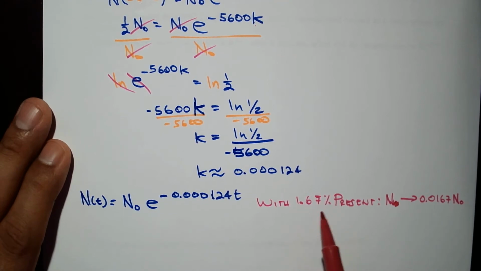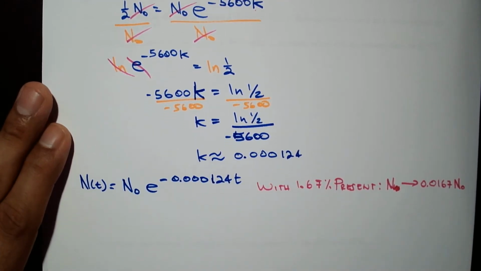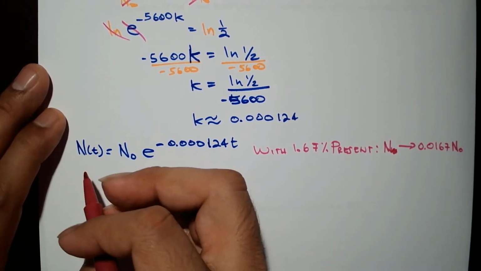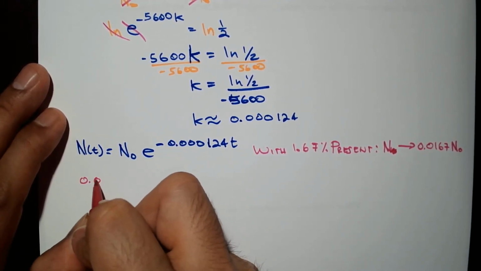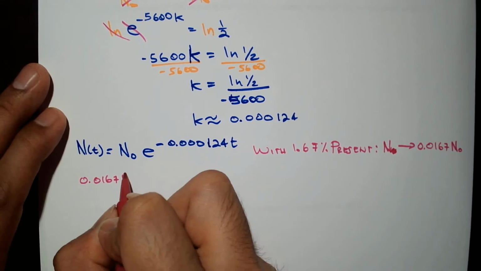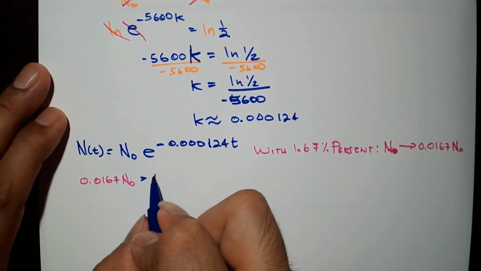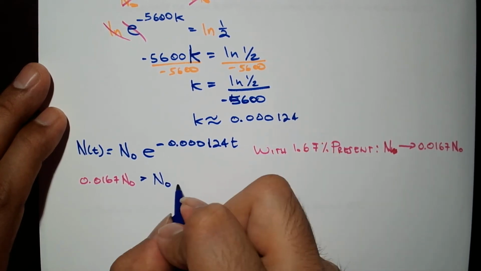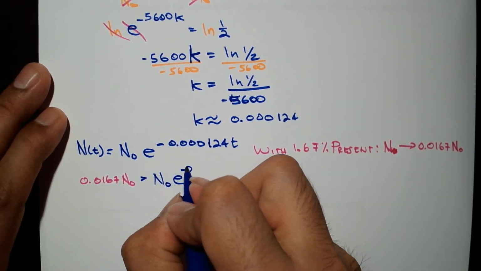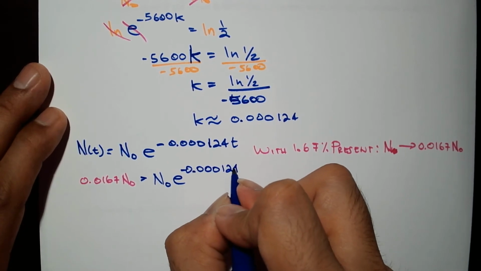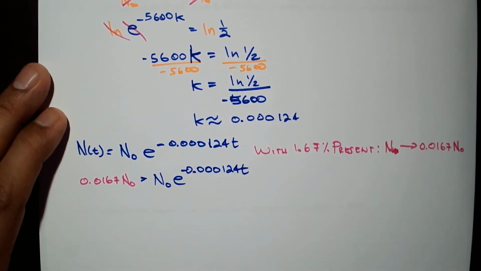Keep in mind that we write percentages as decimals when we put them in formulas. So 0.0167 N initial equals N initial e to the negative 0.000124 t.